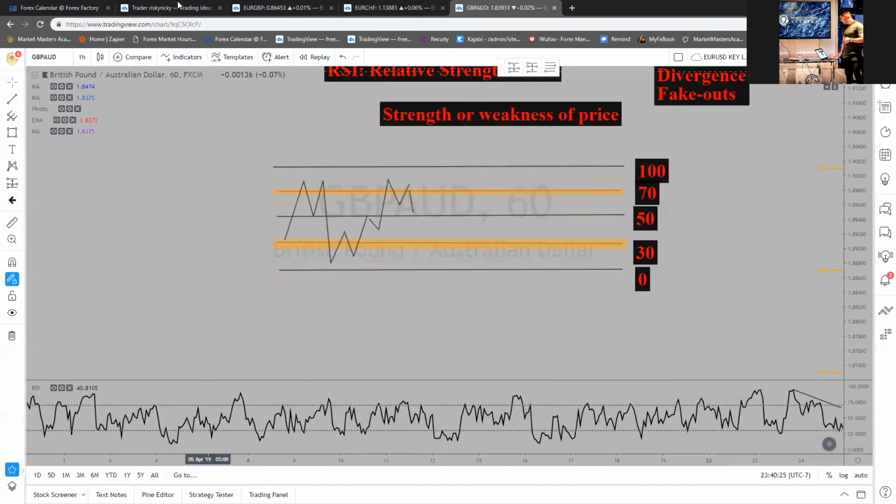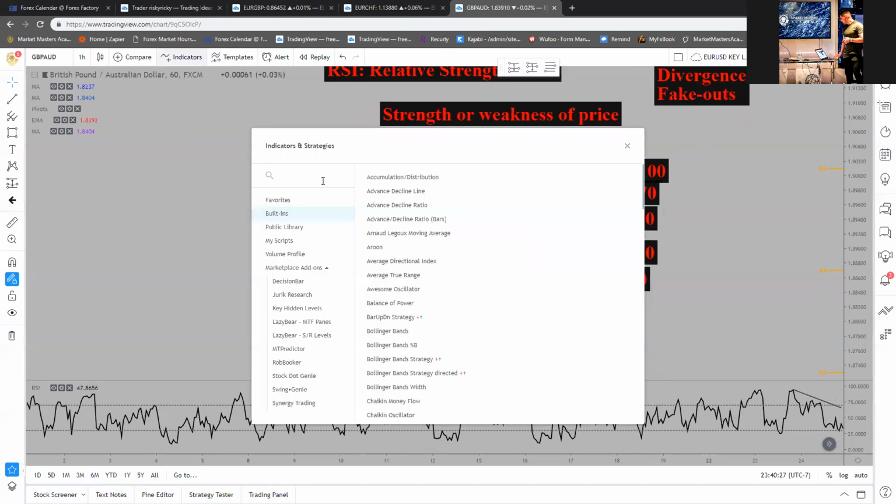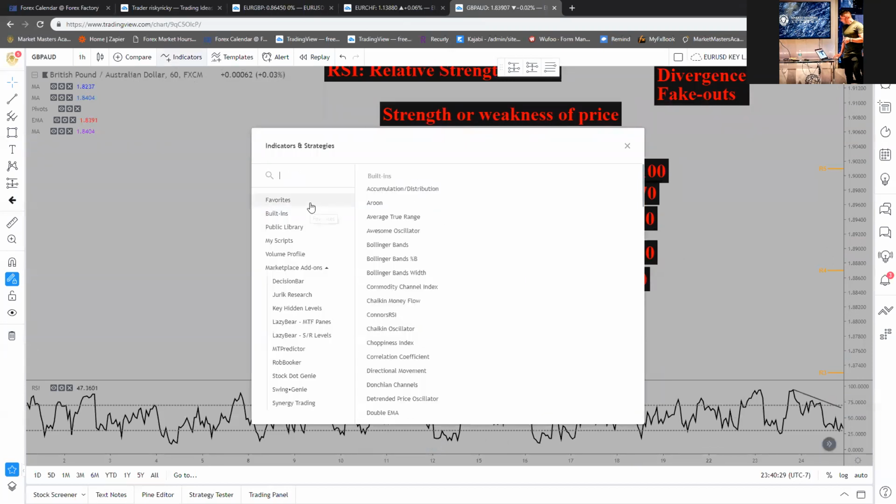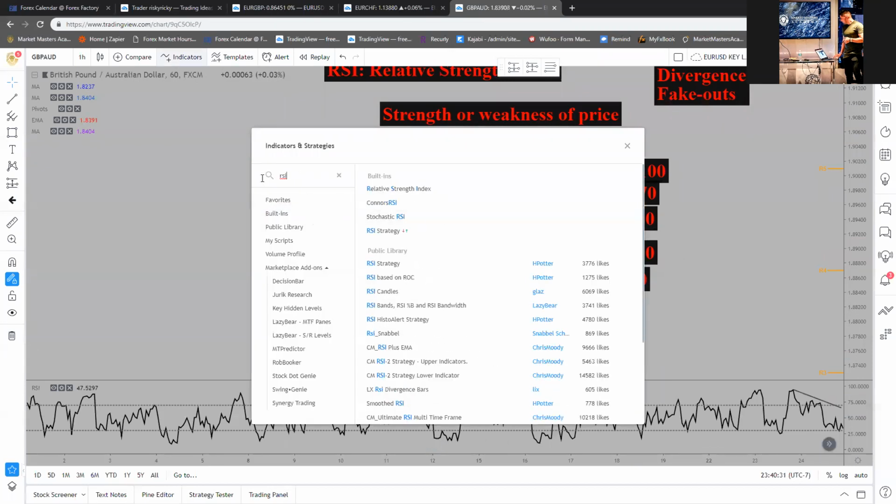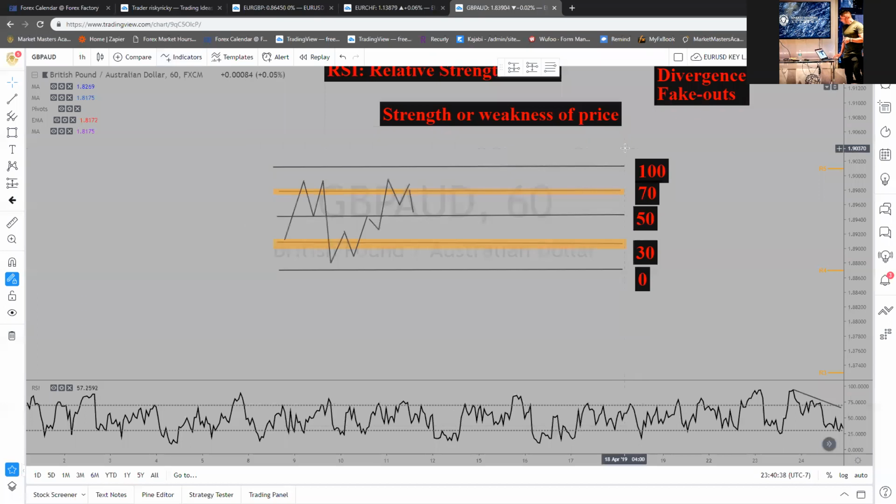To add it onto your charts, click on indicators, go to the search area, and put RSI or relative strength index. It'll be this first one that pops up. You just click on that, and it's going to pop up at the bottom down here.